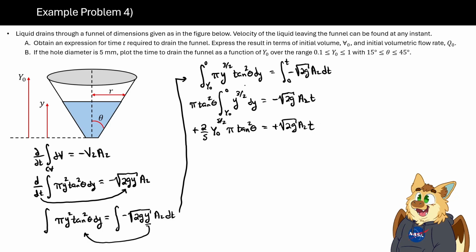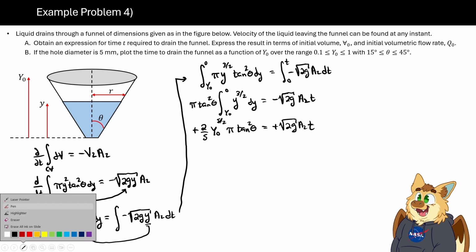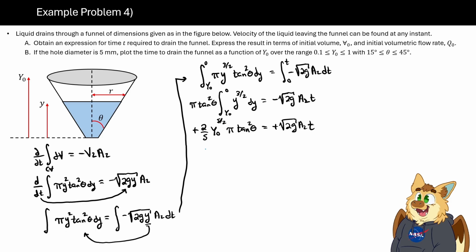Everything looks nice. Lots of variables here, but now we have to express the result in terms of initial volume and the initial volumetric flow rate. So let's just quickly recap. Let's use blue here.